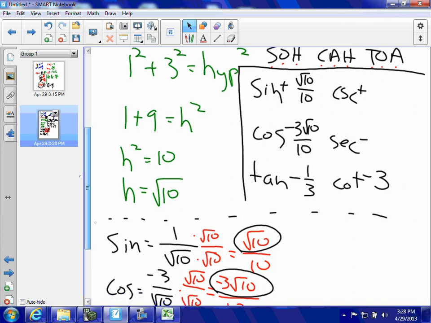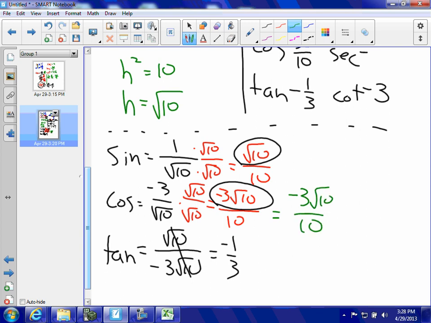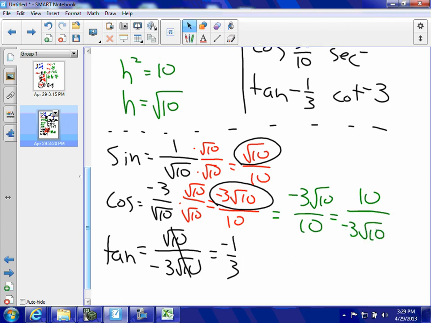So I could take my cosine, which is right here, negative 3 radical 10 over 10. And I could do the reciprocal, so I have 10 over negative 3 radical 10. And then I could rationalize the denominator.